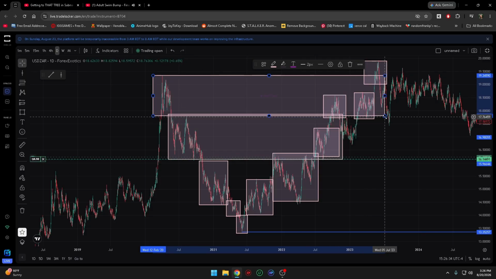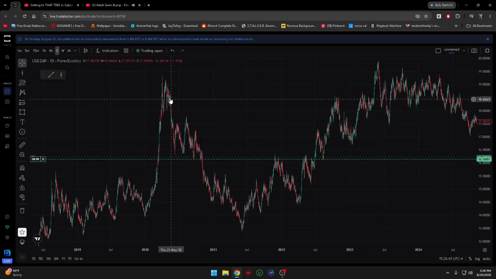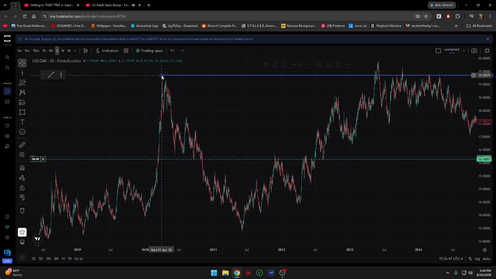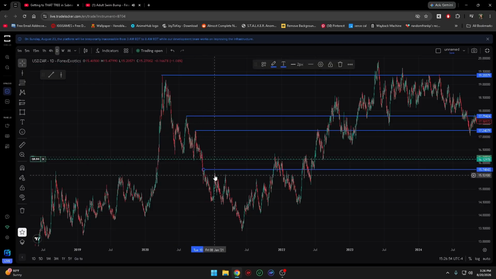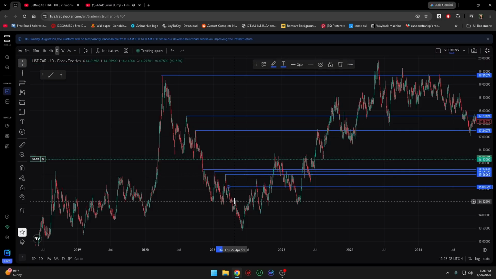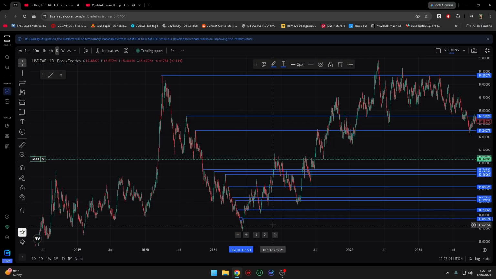Now if you just put these on lines and just mark out the highs of each area, right? Delete all these. So boom, just using the ray tool, Alt J, Alt J, Alt J, and so on.